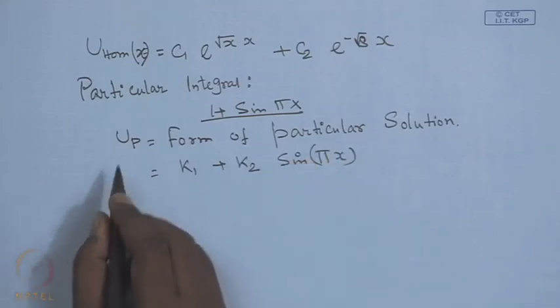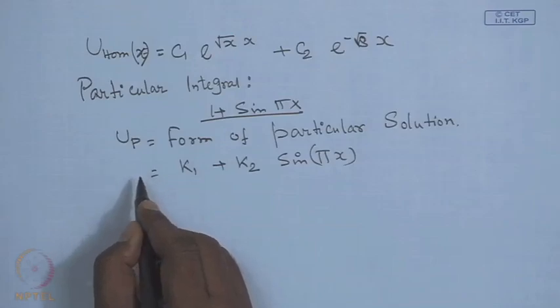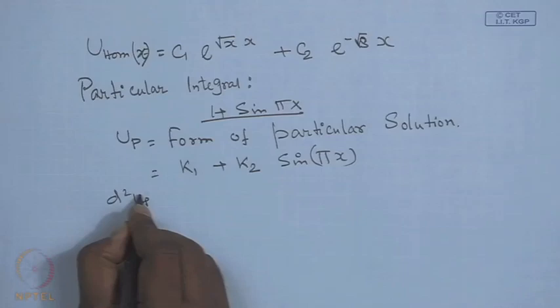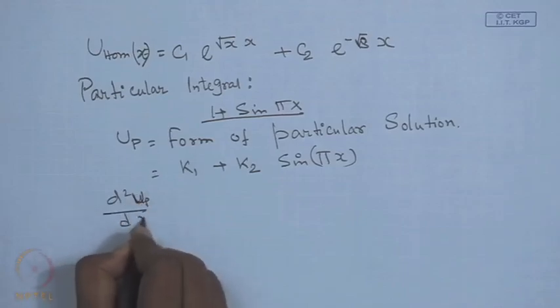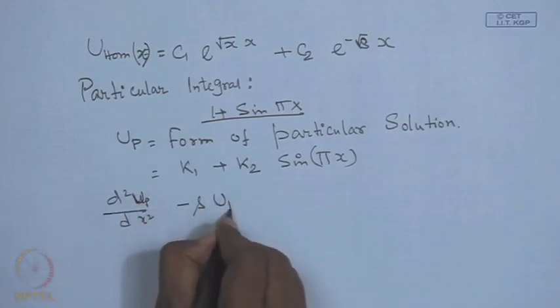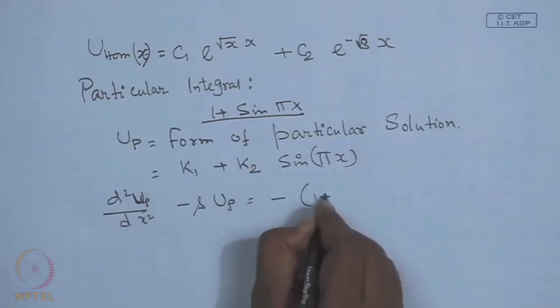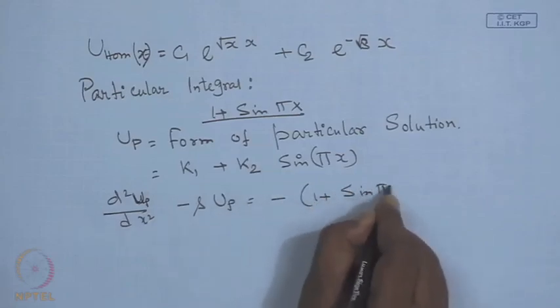This solution must satisfy the governing equation, so d square u p by d x square minus s of u p should be equal to minus 1 plus sin pi x.